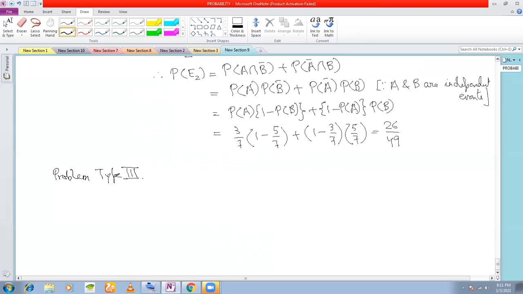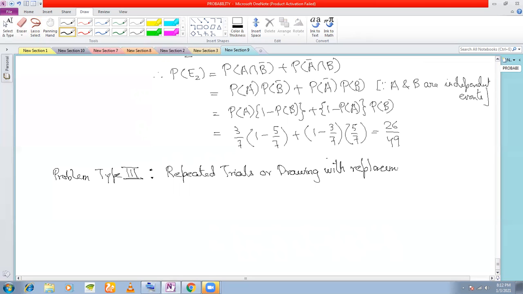And this is also important. In this case we shall see repeated trials, or it is also called drawing with replacement. Now what do you mean by drawing with replacement?